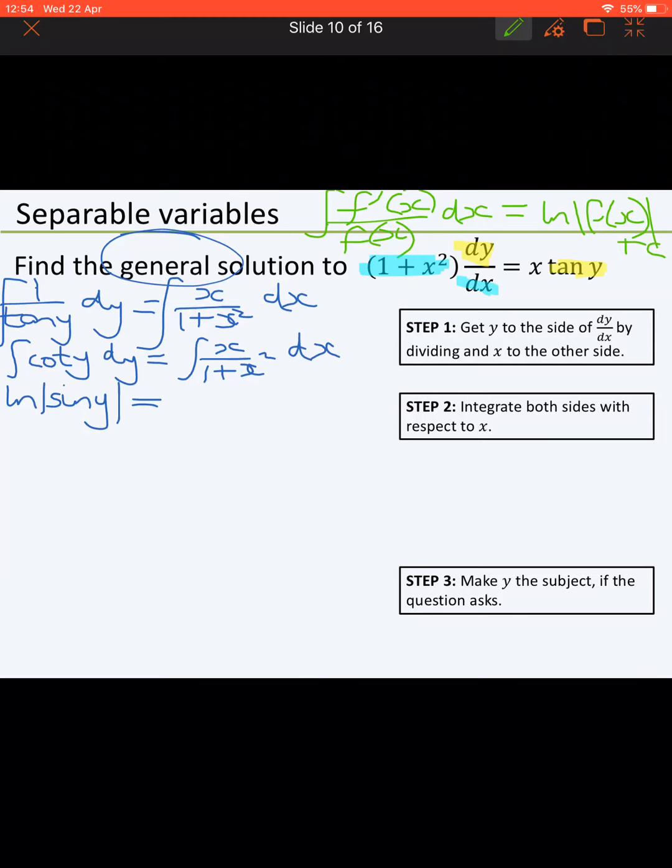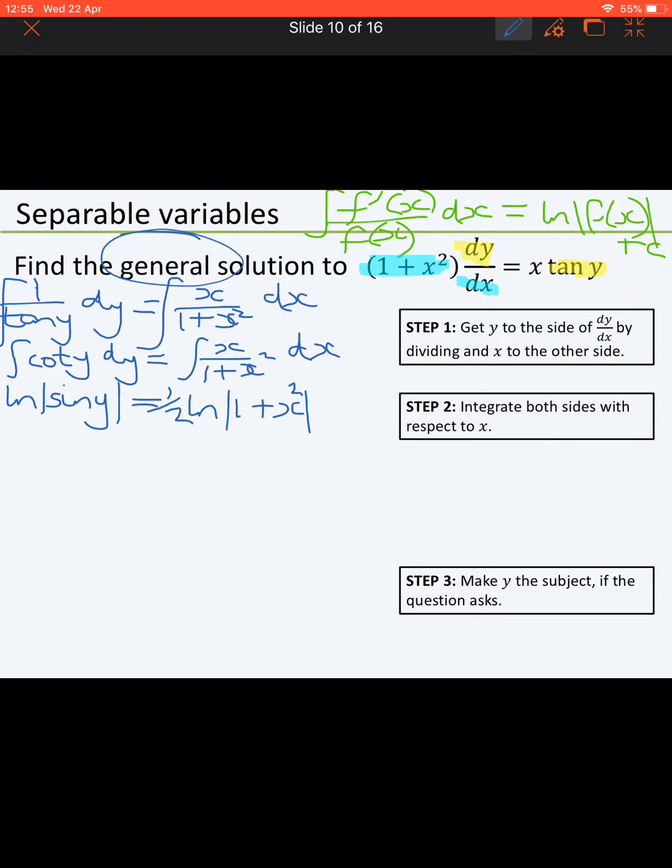Now we have got that constant in there, so if it were 2x on the top, it would be ln of the bottom. Because we've only got 1x, it's going to be half ln of the bottom. Okay, so there you go.